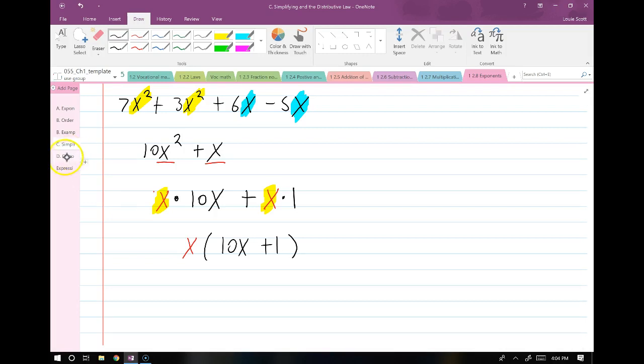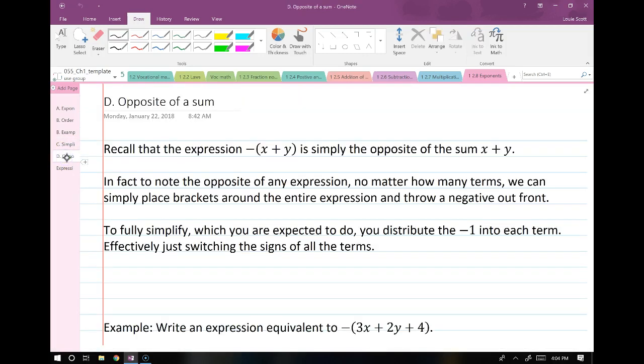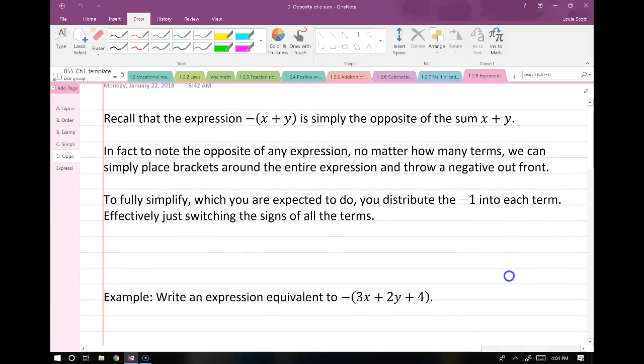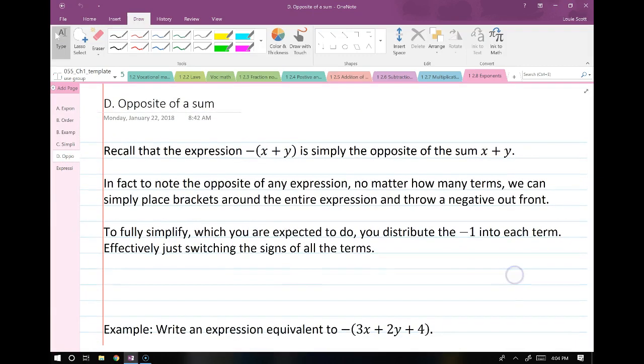All right, moving on. Aha, the opposite of a sum. So remember, when we were talking about opposites, I said if somebody gives you a long list of stuff and they say, give me the opposite of that stuff, all you got to do is put brackets around it and throw a negative sign out front. And that's it. That's the opposite.